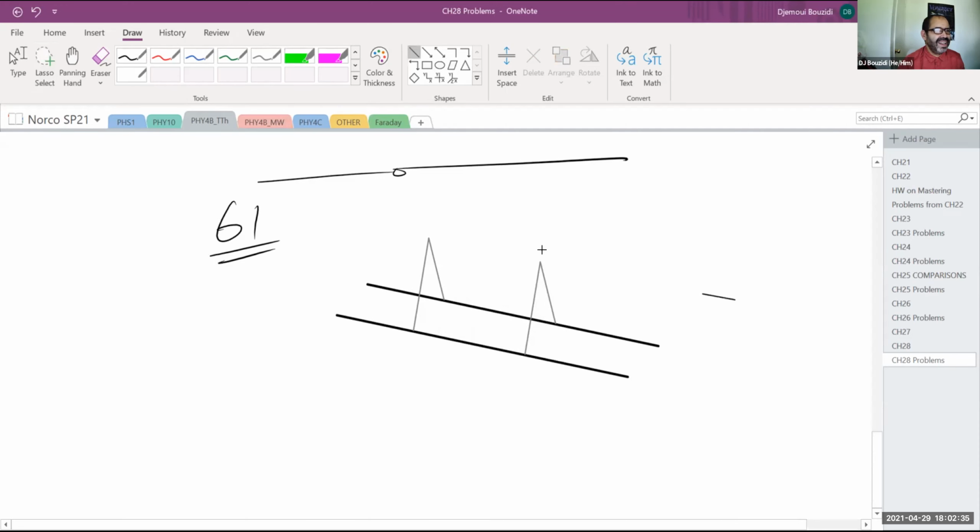Okay. And this is where they're suspended from, okay? So this is how it looks like. So what we have in here, this separation between the two. Let me draw it in a different color.